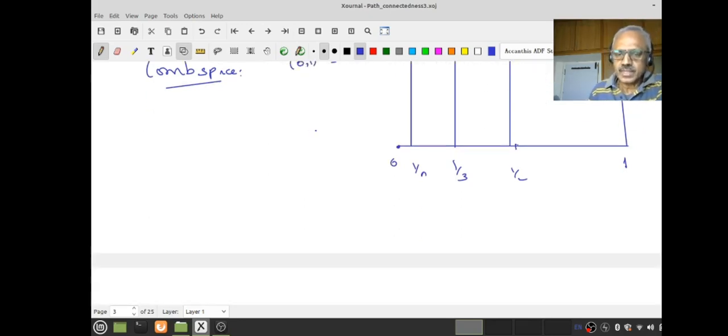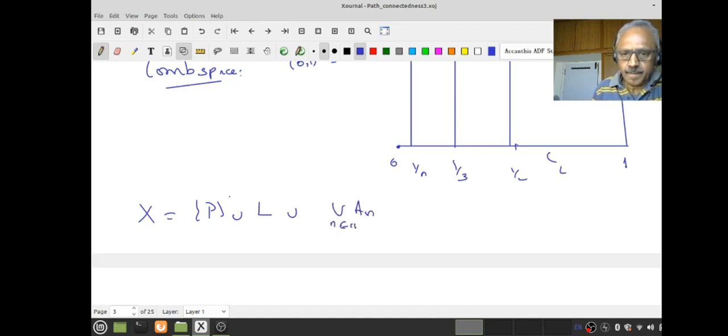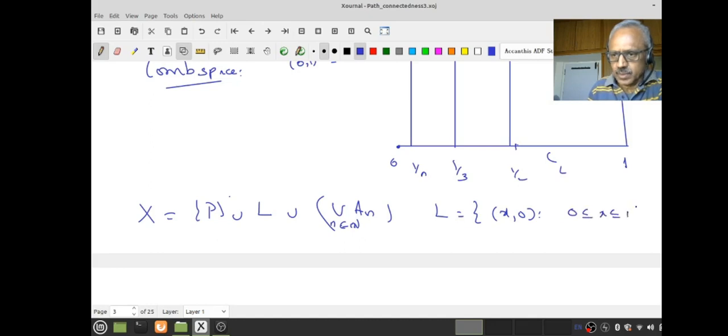So let us look at what our space is. The comb space X consists of the singleton P union this L, this is the line L, and union the A_n's. What is L? L is the set of points (x, 0) with 0 less than or equal to x less than or equal to 1. That is this line.